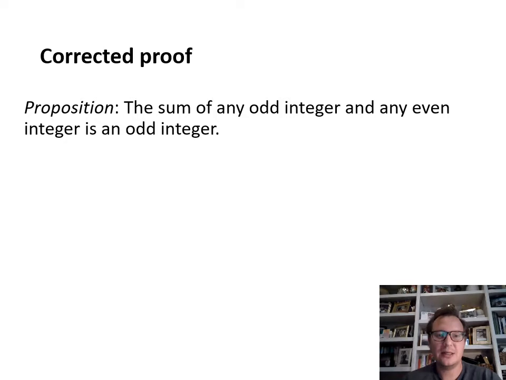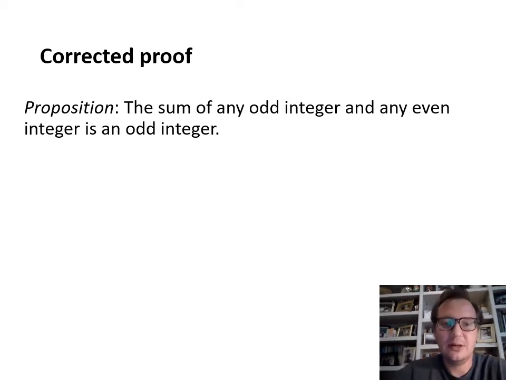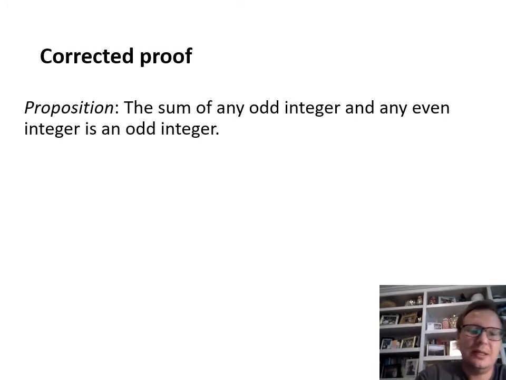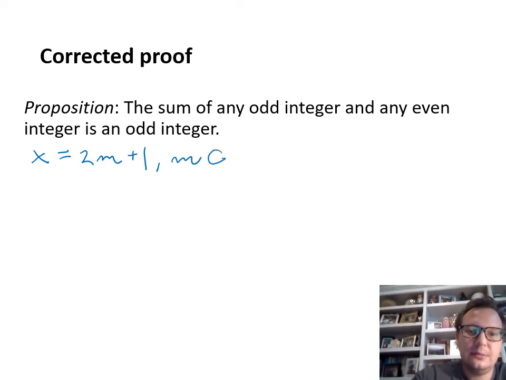So let's do here now a corrected proof of this proposition. So we're going to prove that the sum of any odd integer and any even integer is an odd integer. So let's introduce an odd integer. x is equal to 2m plus 1, where m is some integer.